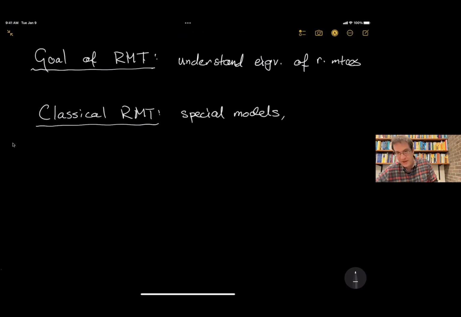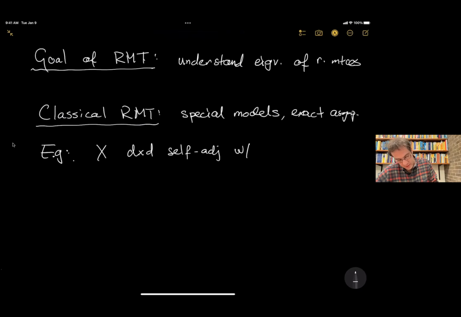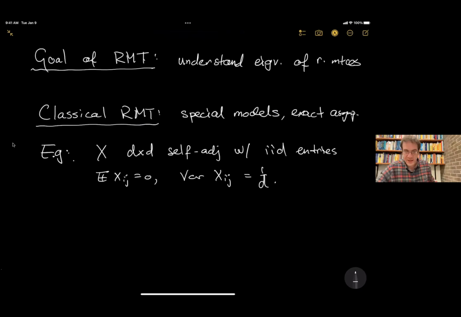But in return for having these very special models, we get essentially exact asymptotics. So the most classical example of this is, for example, if I take a D by D self-adjoint random matrix with IID entries, and the natural normalization is that the mean is 0 and the variance is 1 over D. This 1 over D is just chosen so that the spectrum is bounded as I let D go to infinity.